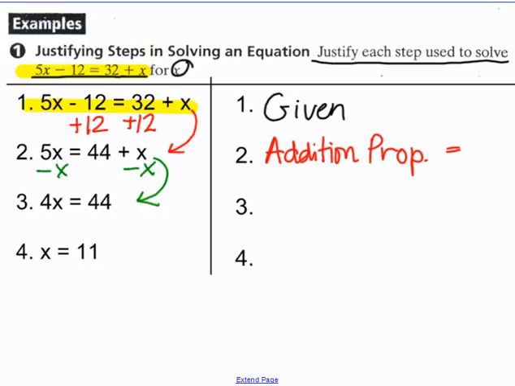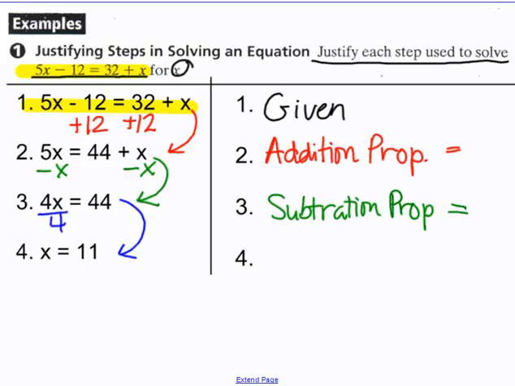So that means it is the subtraction property of equality. Finally, we have to figure out what happened between steps 3 and 4. Of course, they divided. They divided by 4. So we have the division property of equality.